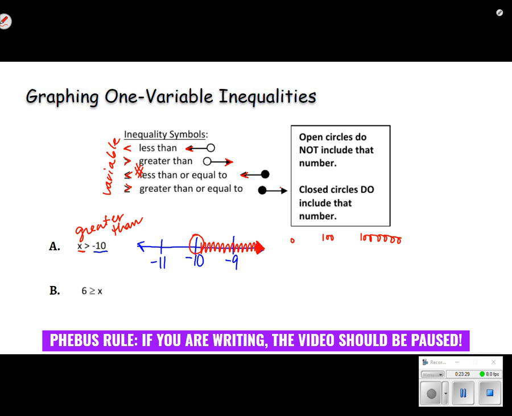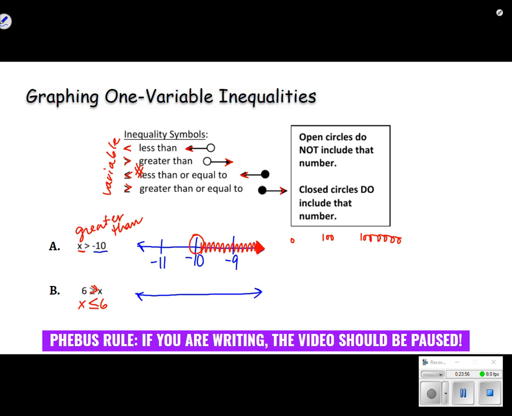But that's not true when we switch and we have the variable on the right, like in B, and the number on the left. So what you can do is you can learn how to flip these. So I'm going to trade sides and see how it's pointing to the X. I want to make sure that it's still pointing to the X. So when we actually get to these types of problems, I'm going to encourage you to rewrite them.